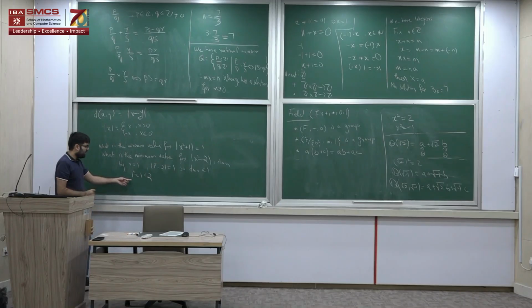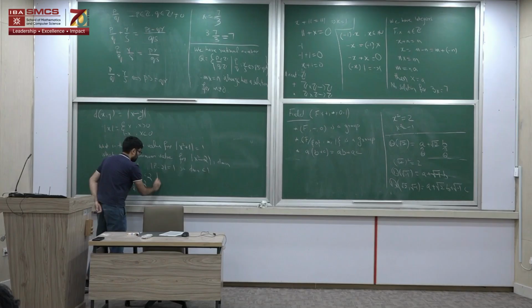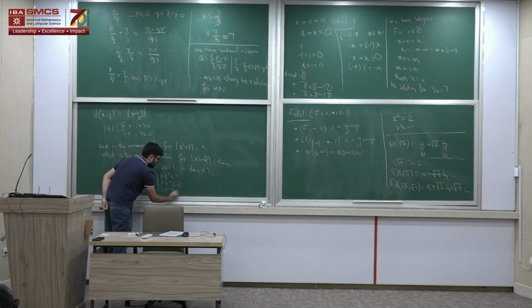So I will try increasing this number slightly. 1.1 square is still less than 2, 1.2 square still less than 2, 1.3 square is less than 2, 1.4 square is less than 2, but 1.5 square is actually bigger than 2.